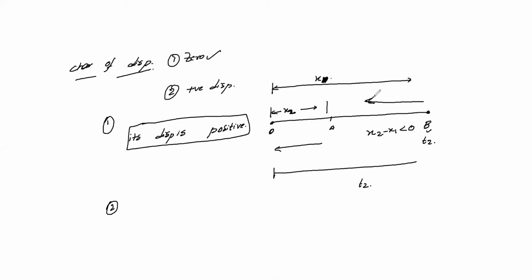When it travels leftward, from B to A, x2 minus x1 is less than 0. When it is less than 0, we can say the displacement is negative.